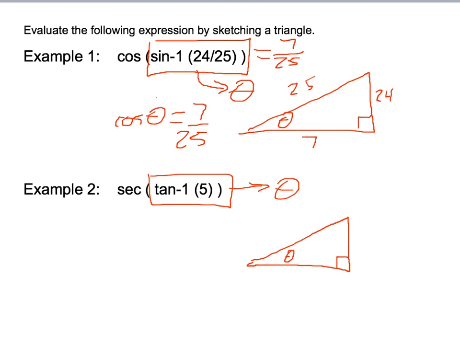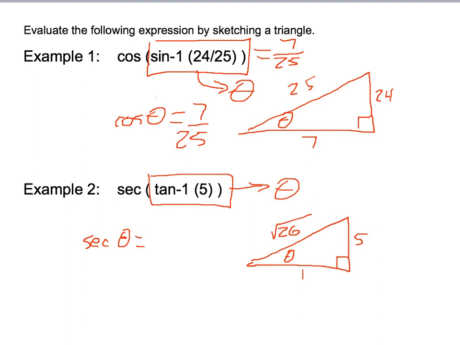And so 5 is a ratio of 5 to 1, which would make our hypotenuse the square root of 26 by the Pythagorean theorem. And so now we're going to look at what is the secant of theta in this triangle. Now that we have the triangle set up, we can replace this inverse tangent of 5 with theta.